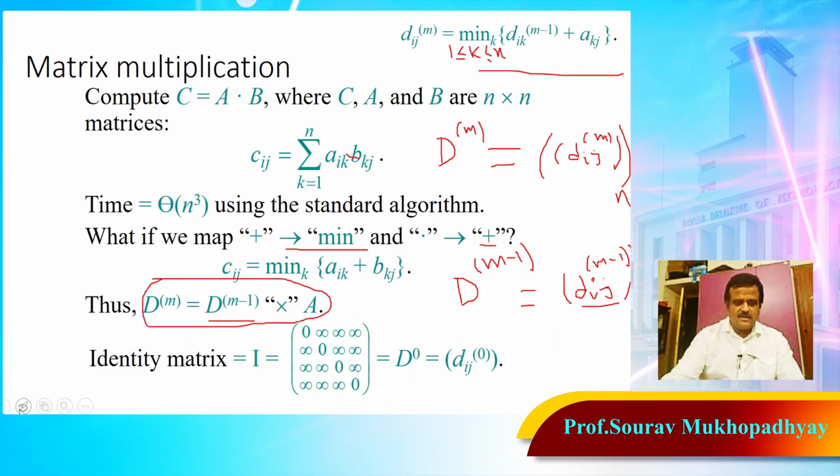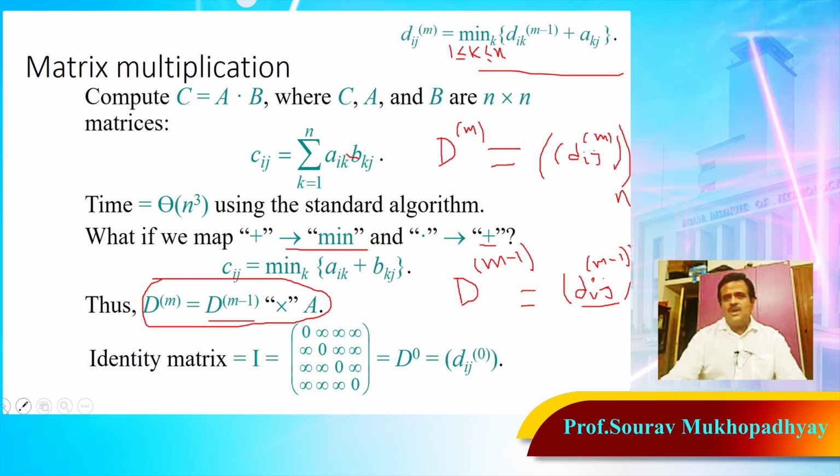Very nice. So, we related this to a matrix operation, where D0 is the matrix of d_ij^(0), which we know, and this will serve as an identity matrix. And the matrix multiplication has some rules.